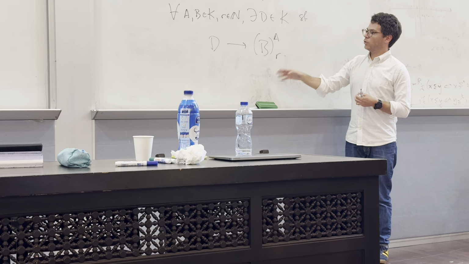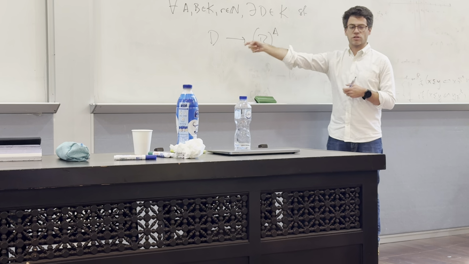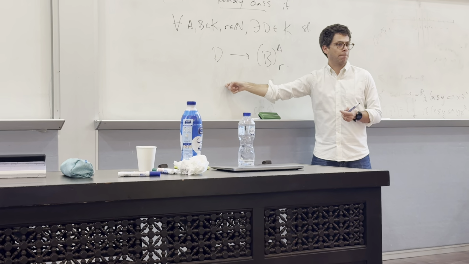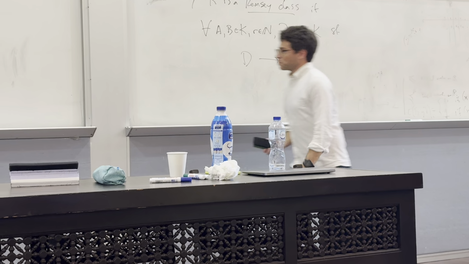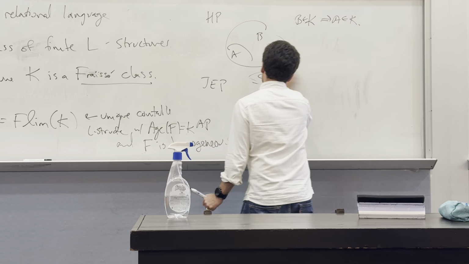Okay? So now you've noticed that I've got the same shape, but instead of talking about numbers, I'm talking about structures. A, B, and D are all structures. So what in the world could this possibly mean? Now, what it means is the following thing.